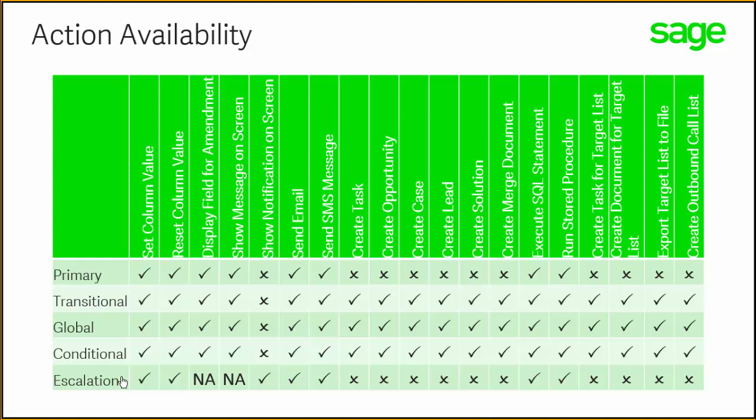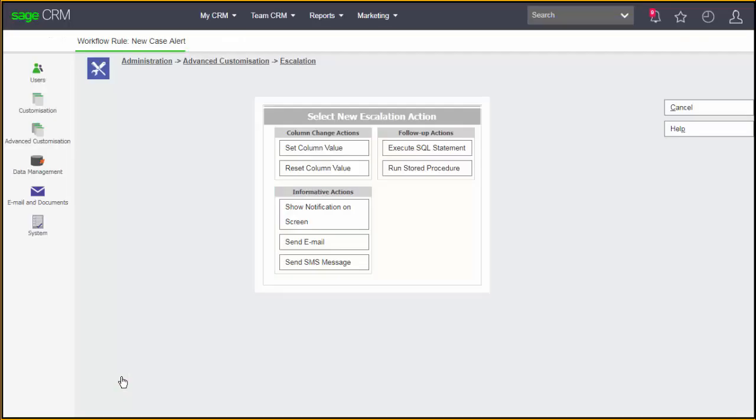They would expect an interface to be present, but we're doing this behind the scenes automatically. So some actions don't make sense, and we can see that clearly here within the escalation rule.